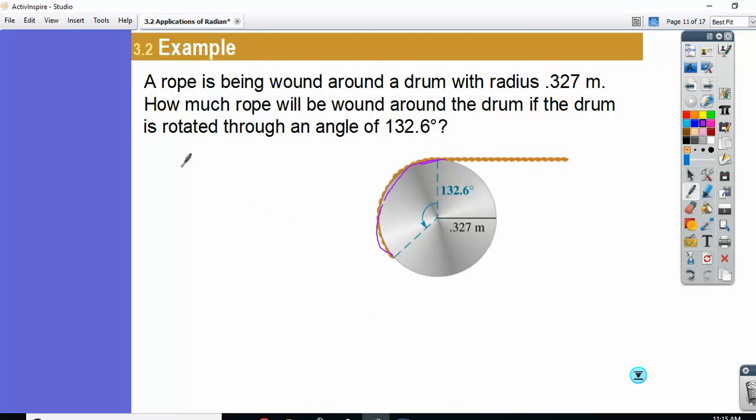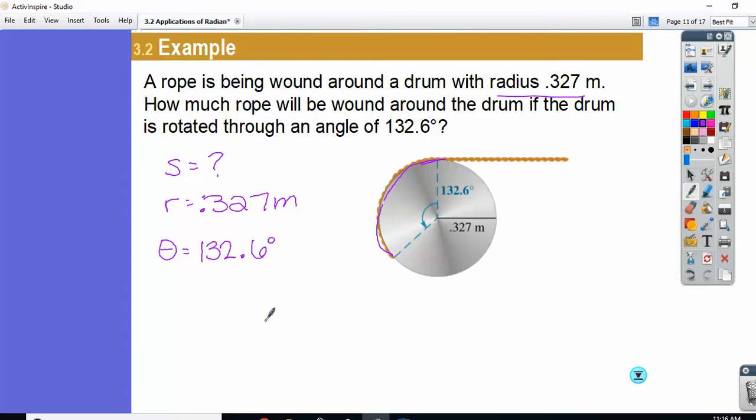Well, what are we calling it? Circumference is all the way around. That's my arc length. That's what I'm trying to find here. I know my radius, and I am looking for my S. I know my angle is 132.6 degrees.